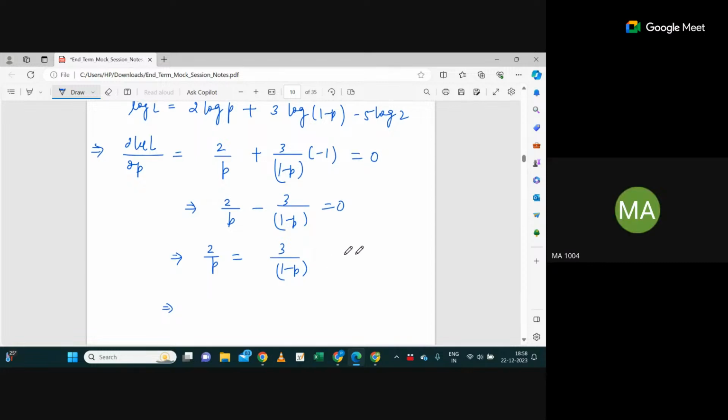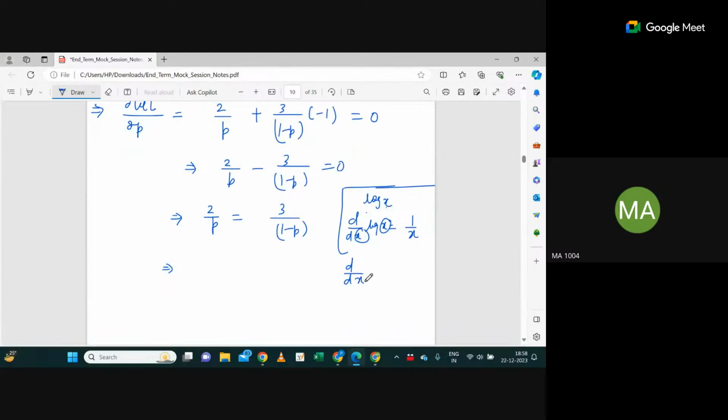Basically, I will give you a hint. Suppose there is log of x, and I have to differentiate with respect to x. Then differentiation of log of x is nothing but 1 by x. If there is d by dx of log of 1 plus x, then it will be 1 by 1 plus x.